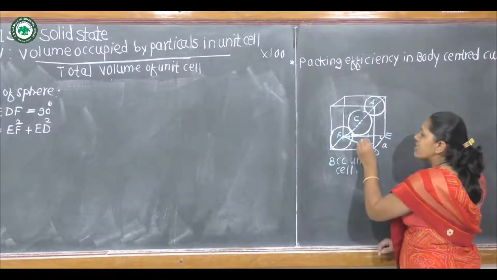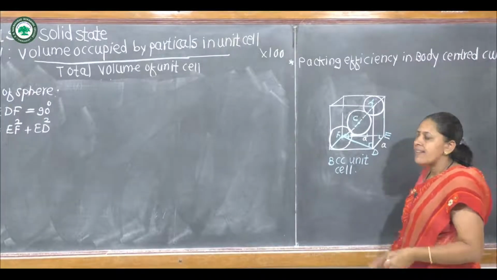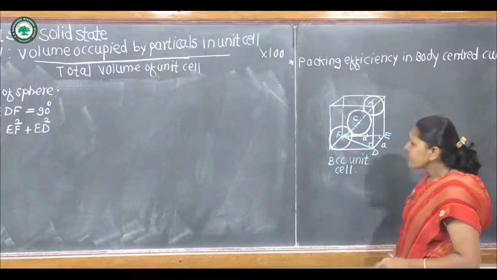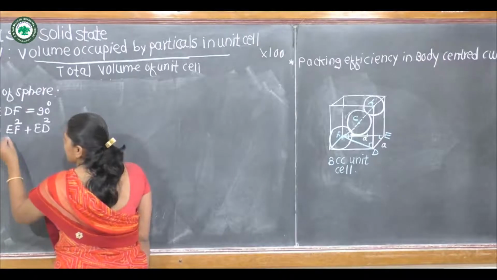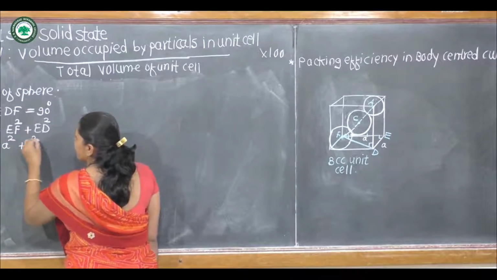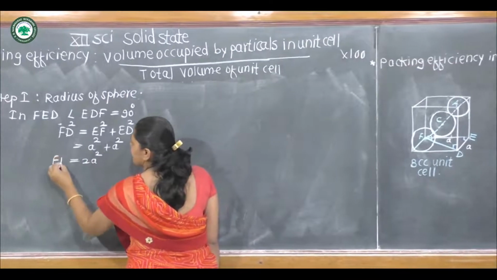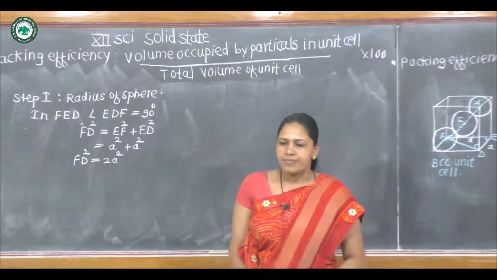Also EF is the unit cell edge length, represented by small a. Therefore, FD square is equal to a square plus a square, which is twice a square.